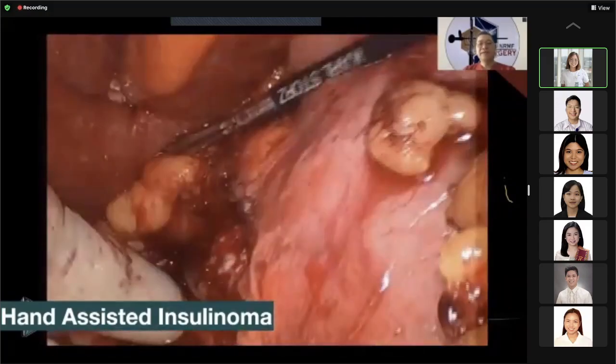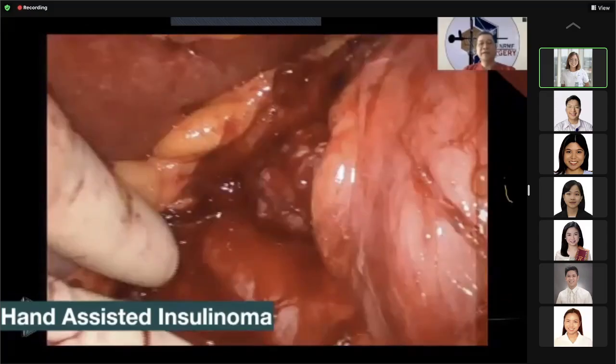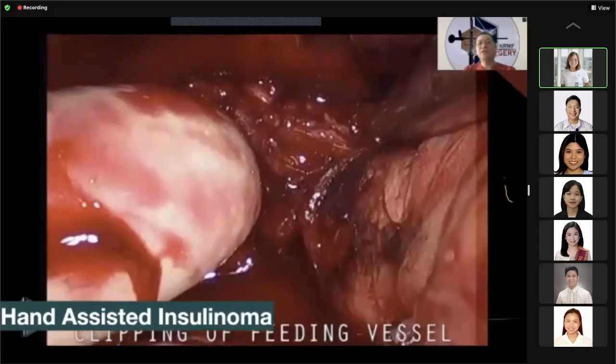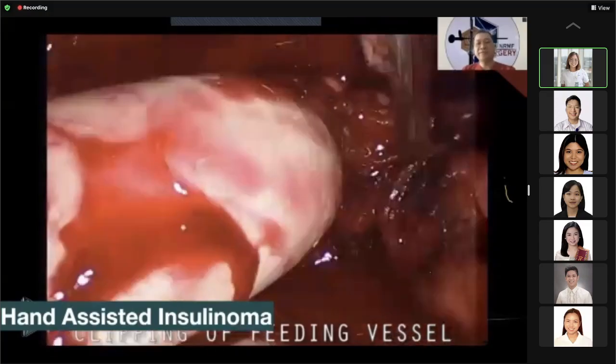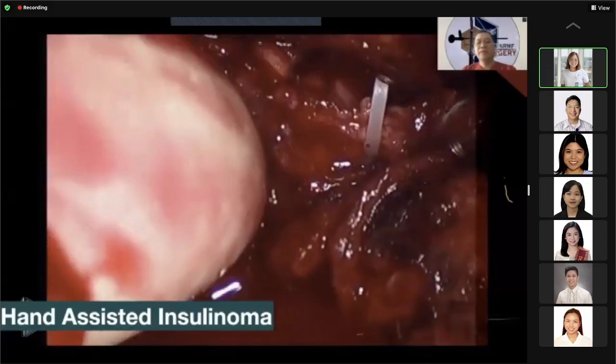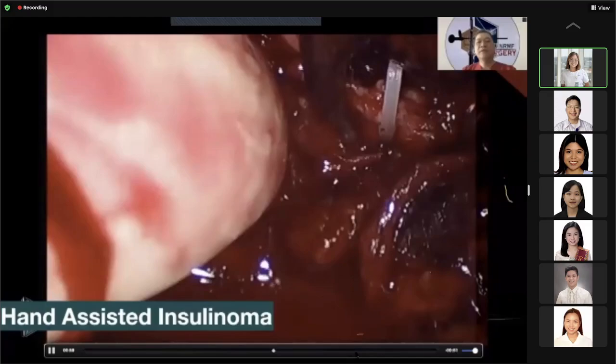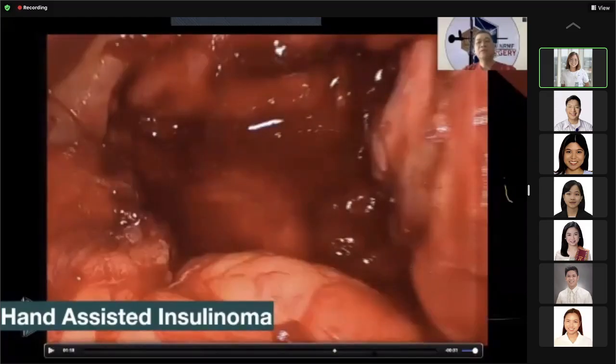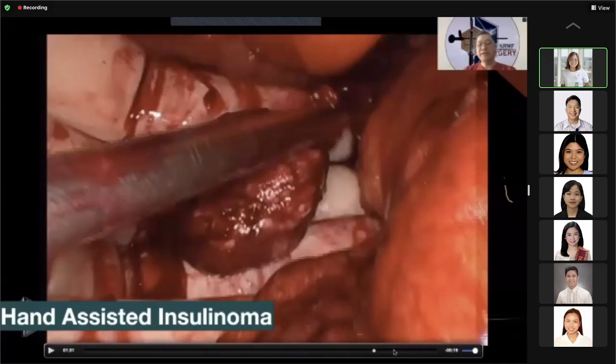With hand-assisted surgery, the surgeon can feel where the tumor is because it is within the pancreas. Okay, that's the tumor. That's it. So the tumor was removed using a hand-assisted approach.